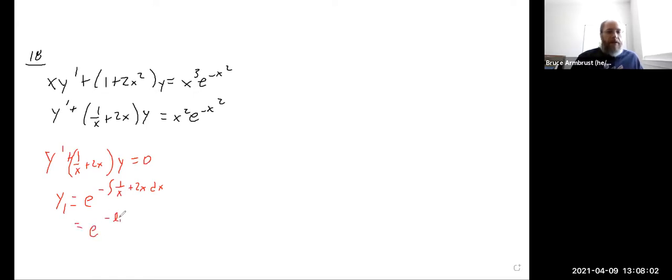So that's going to give us negative natural log of x minus x squared. And we don't bother with a plus C because all we need is a solution, any solution. So we'll just pick the nice and easy one here where C is equal to 0.